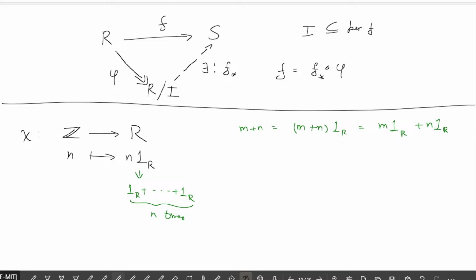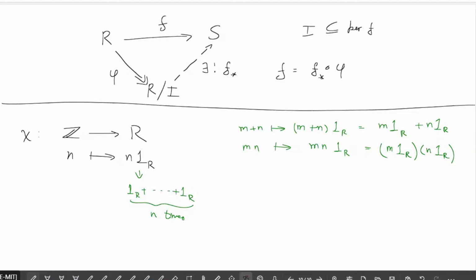Then mn maps to mn times 1_R, which is chi of m times chi of n.